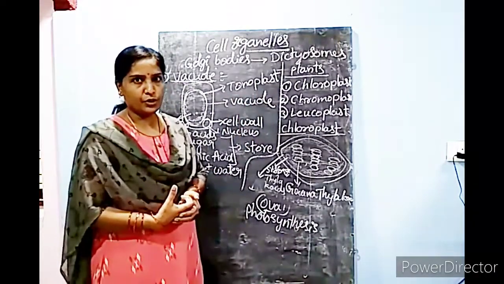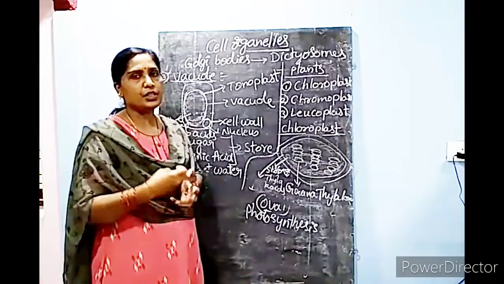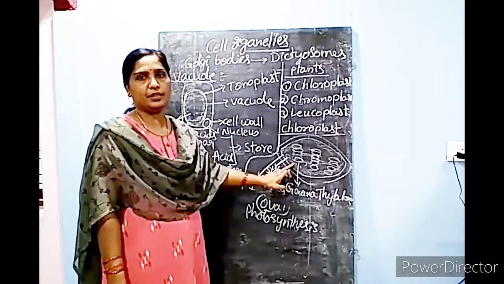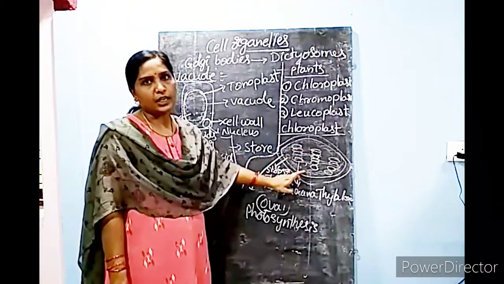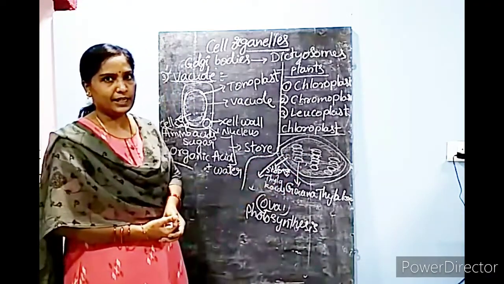That you learnt in photosynthesis, and two types of reactions take place here, light reactions and dark reactions, that you will read in class 10.